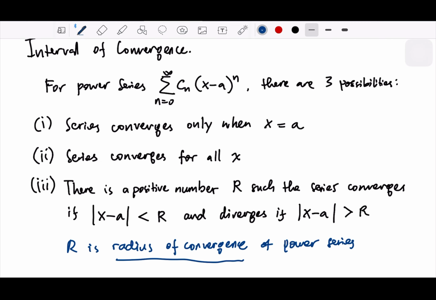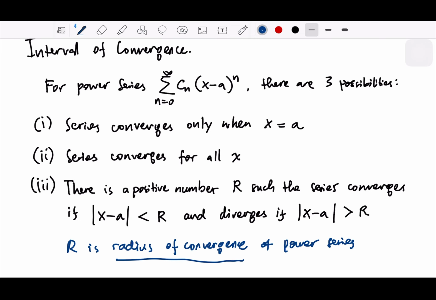Radius means the distance. For example, x minus 3. So the distance will be 3, backwards or forwards. But the interval means that you need to add or subtract that distance. Let me explain later on.